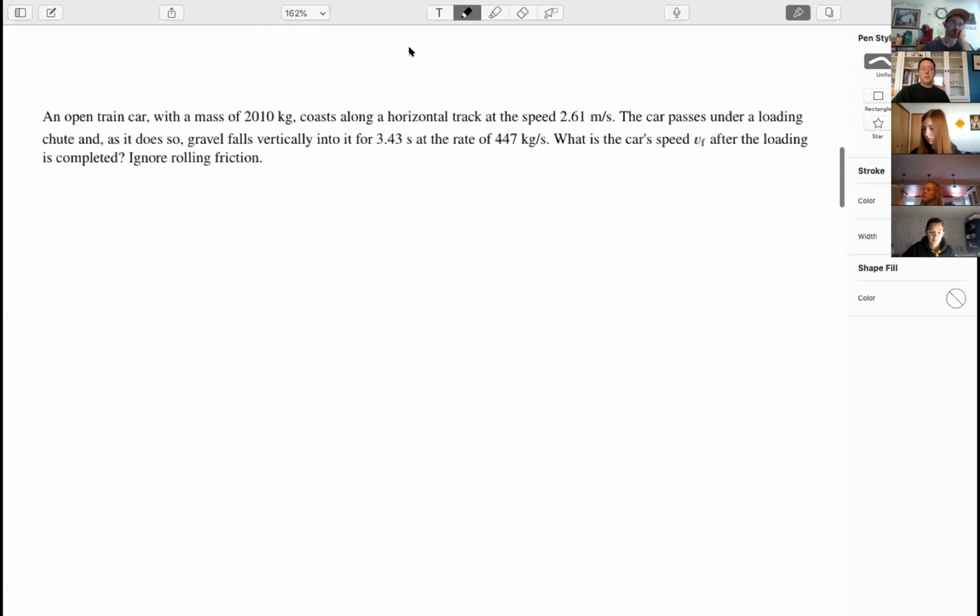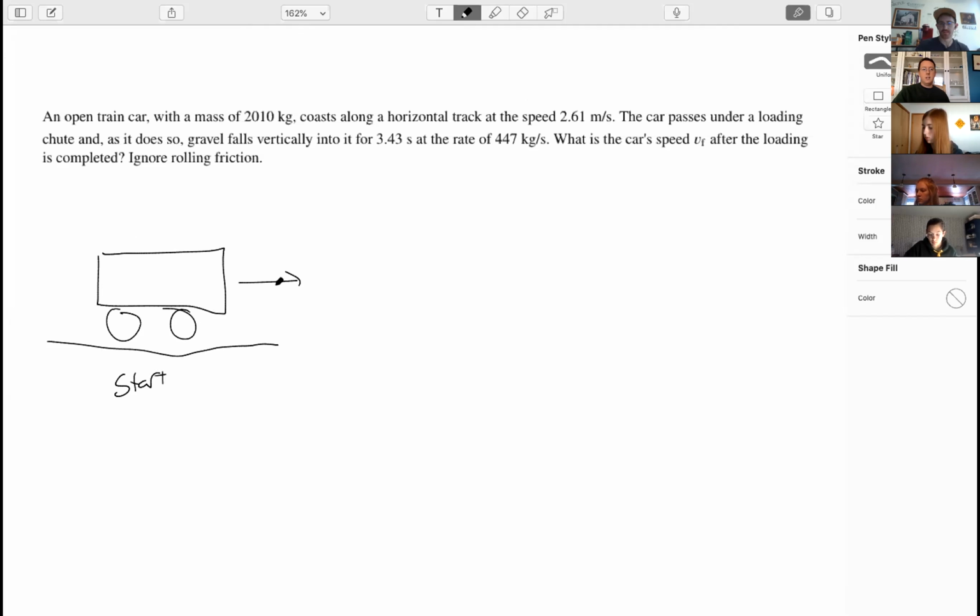Let me draw a picture here. So there's a train car. It's on the tracks. And we're going to say at the start, there's a velocity of 2.67 meters per second.